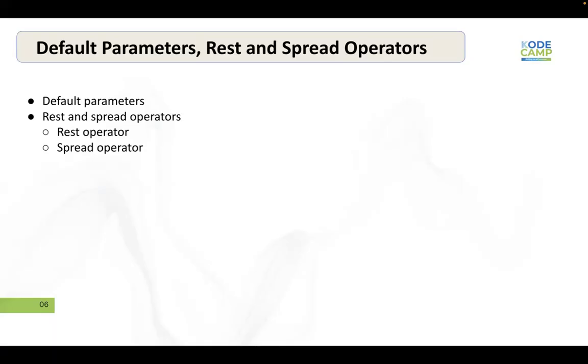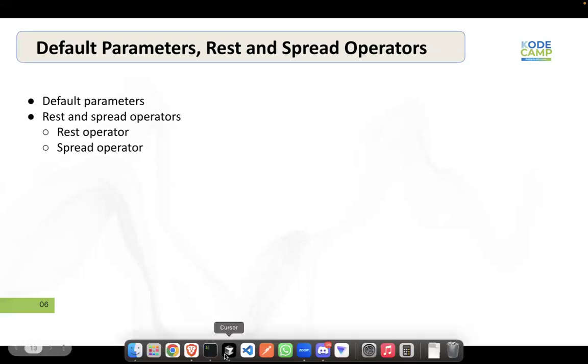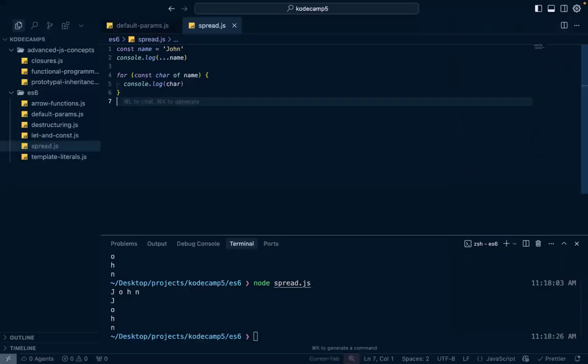Okay, so for rest, the example is almost the same thing, but let's say we have const numbers1 is equal to 1, 2, 3. Const numbers2 is equal to 4, 5, and 6.